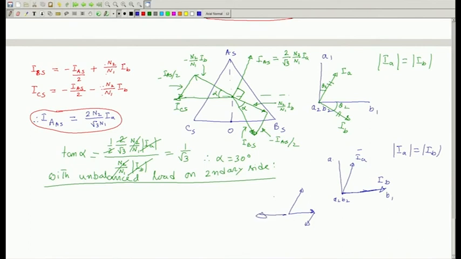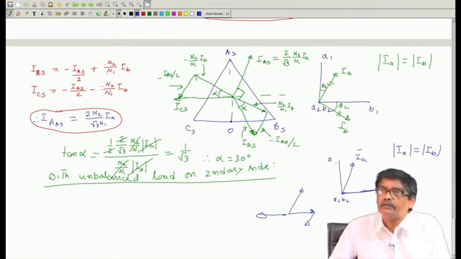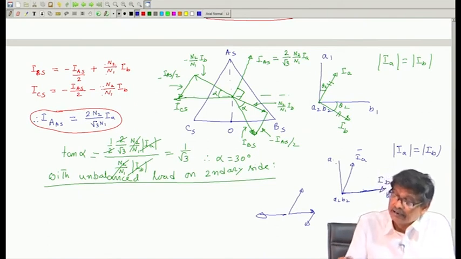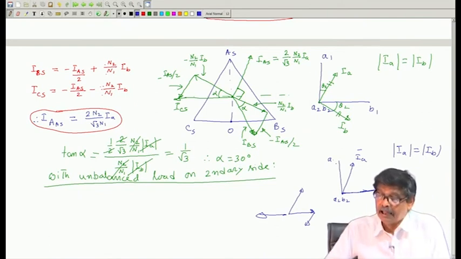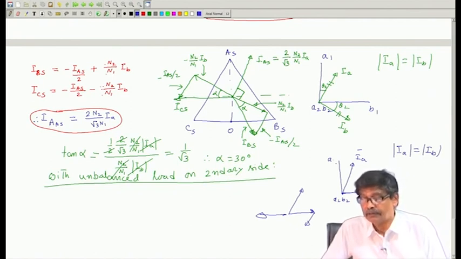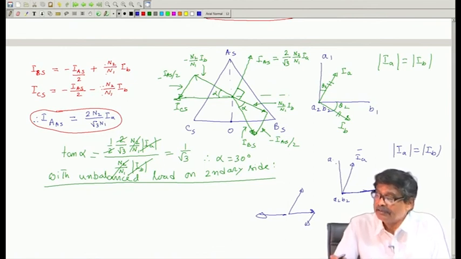So, it can be done with unbalanced load, and you will see that the primary side current is not unbalanced. Also note that the primary current will be balanced, and the power factor of that balanced current drawn from the supply is the same as theta 2. Why?